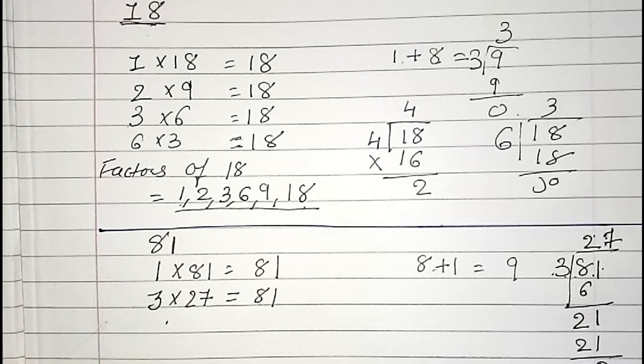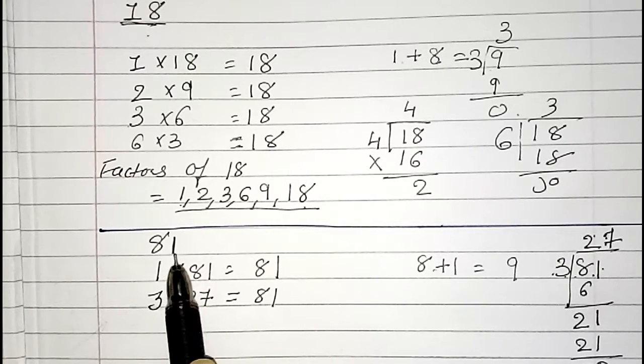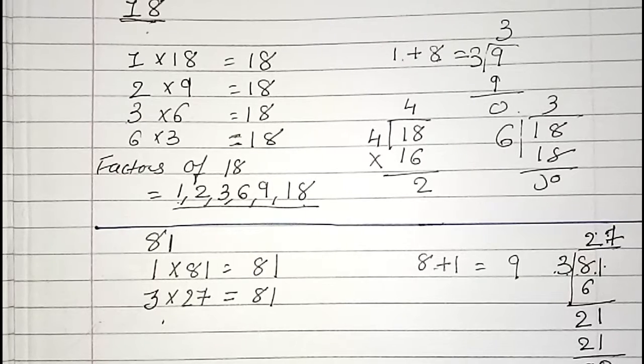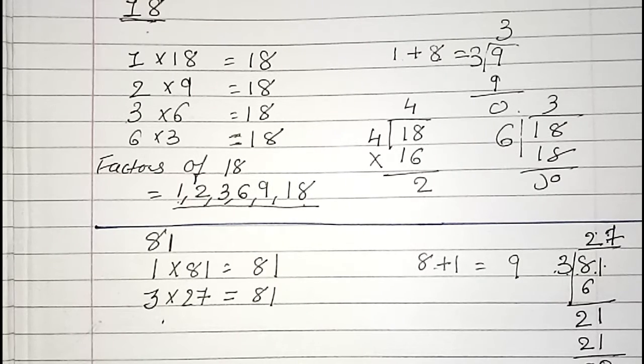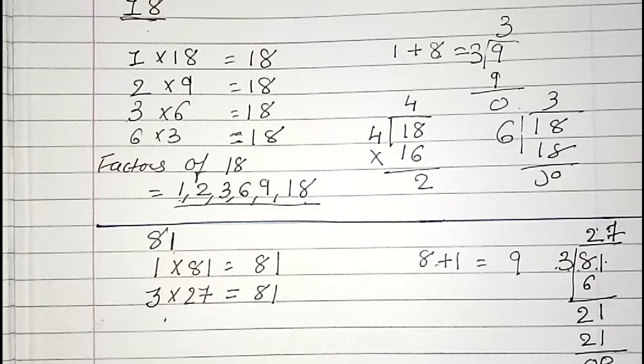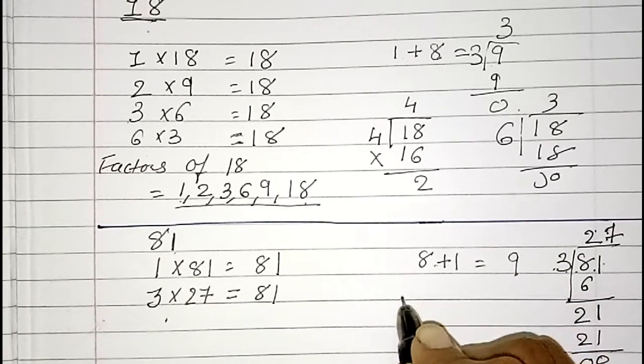Now, can 4 divide? I already said the last place should be an even number. When do 4, 6 and 8 divide? When it is an even number. So 4 will not come, 5 will not come either, because the ones place should be 0 or 5. 6 also not. 7, let's check.